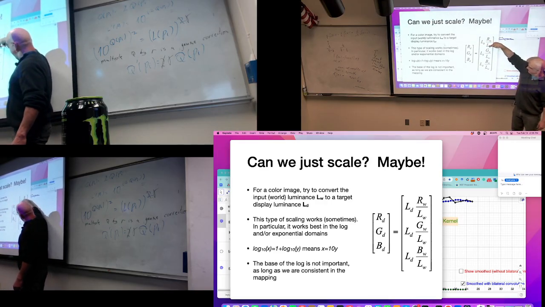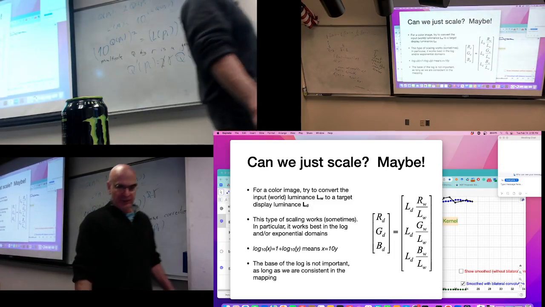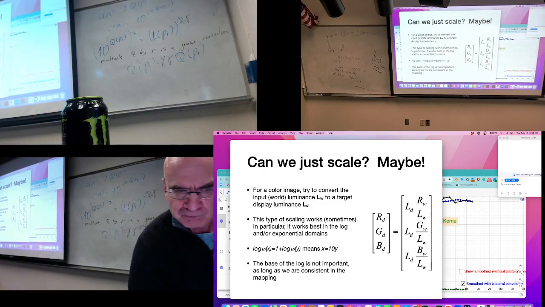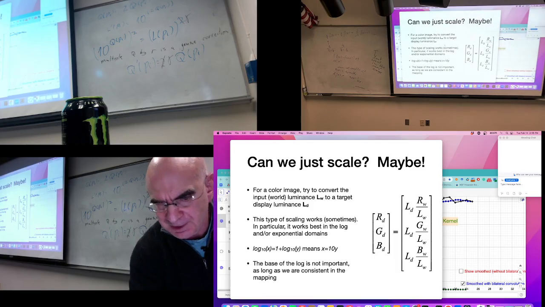LD divided by LW is a scalar that scales all 3 numbers. And to remind you, log to the base 10 of x is 1. If you're adding something to the log, it means that it's the exponent part. You double, and gamma correction is gamma correction.